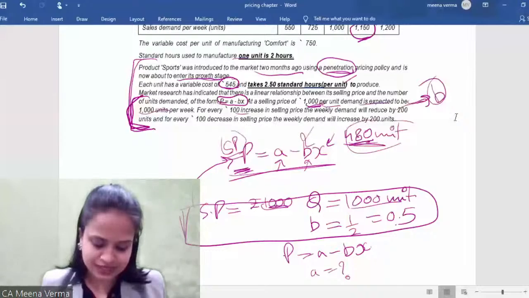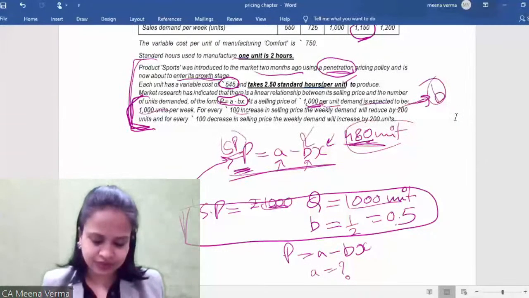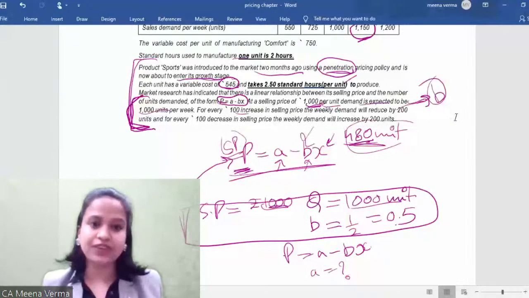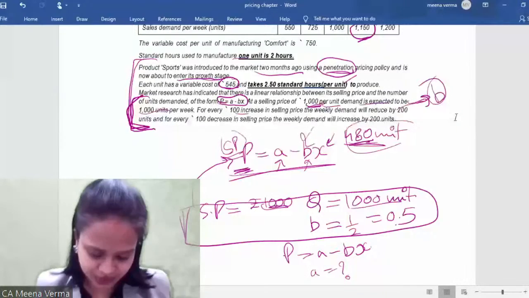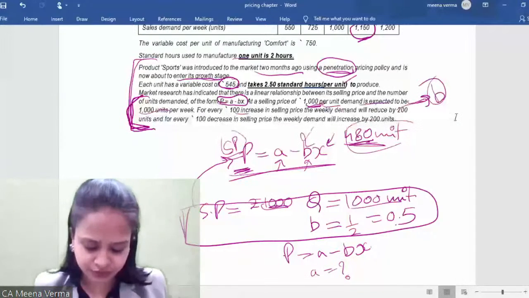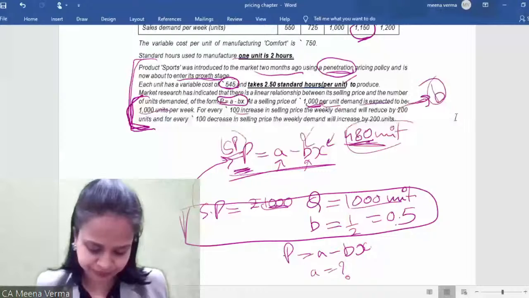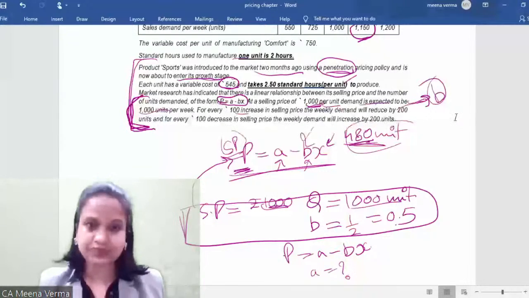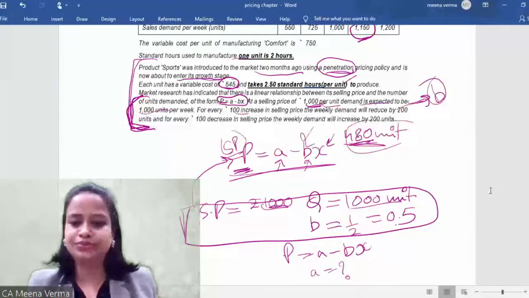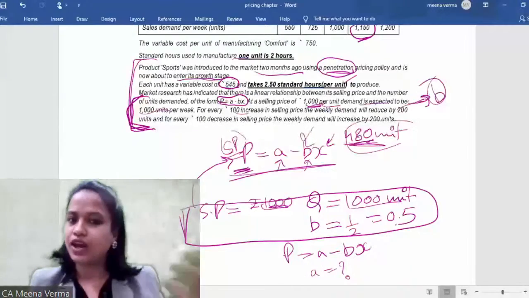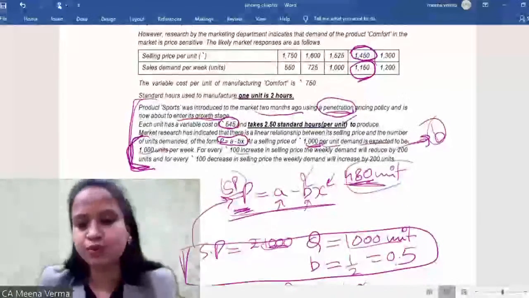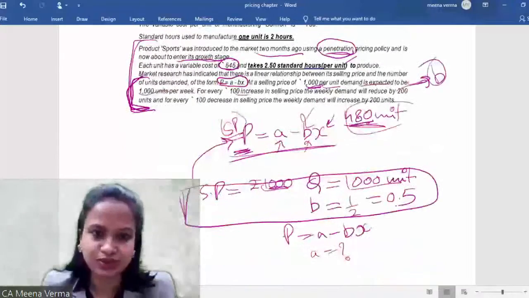Give me the answer quickly. I didn't receive any answer from the boys. Sumit, Kunal, where are you? So I will not do this calculation. I hope you can do this calculation on your own.